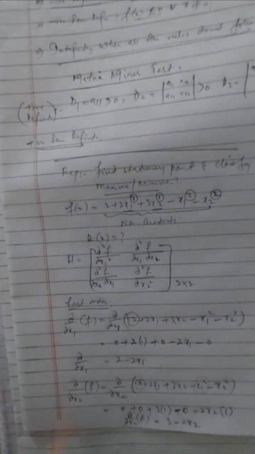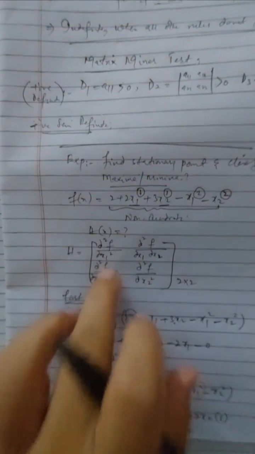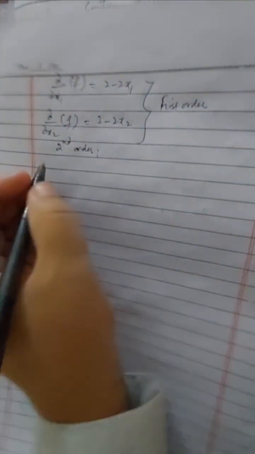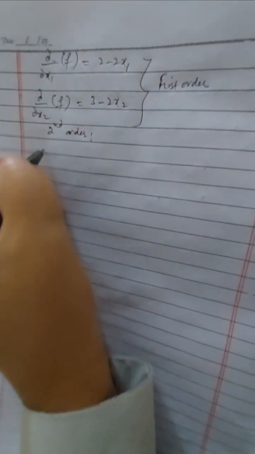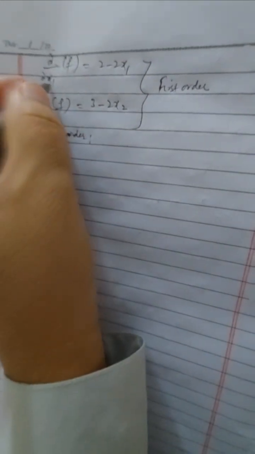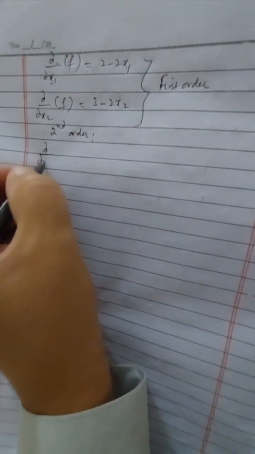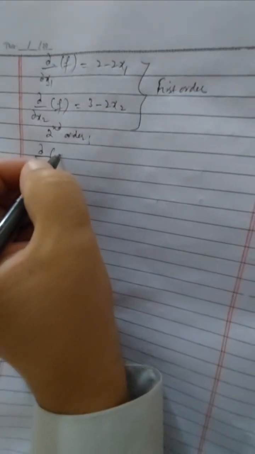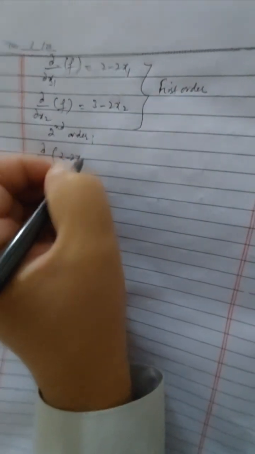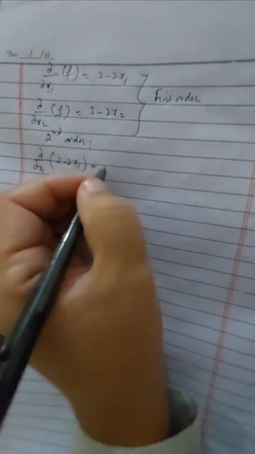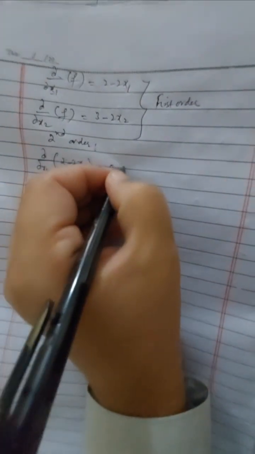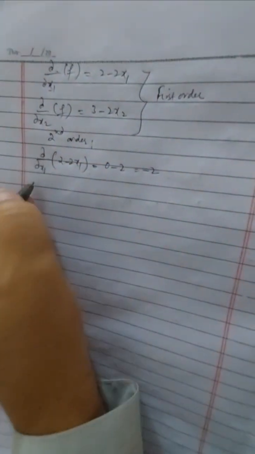Okay, now we will find the second order derivatives and we find the Hessian matrix. So we have the first order derivatives. Now getting to second order derivatives. The second order derivative of this first order derivative with respect to x1 again with x1, we get 0 minus 2, so minus 2.